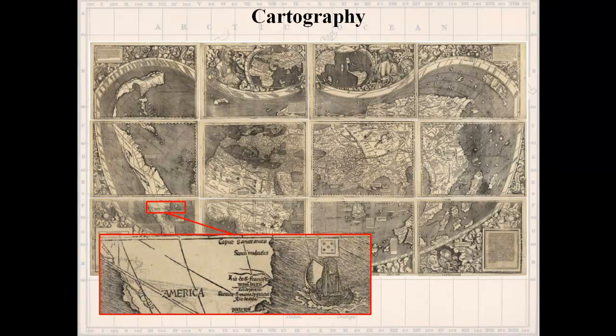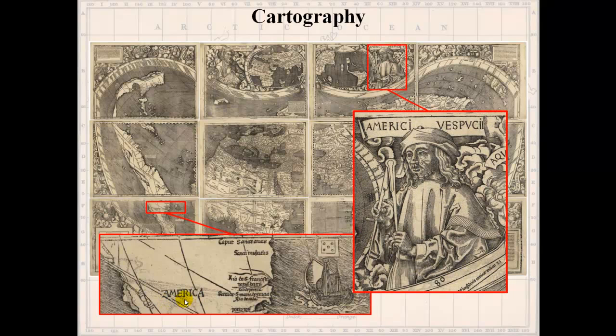If I zoom in to the very lower left, I see that the word America appears down here in the lower left. America was the name that the mapmaker gave to this part of the world after Americi or Americus or Amerigo Vespucci, who was a traveler back in the days, and he explored a lot of what's now South America.